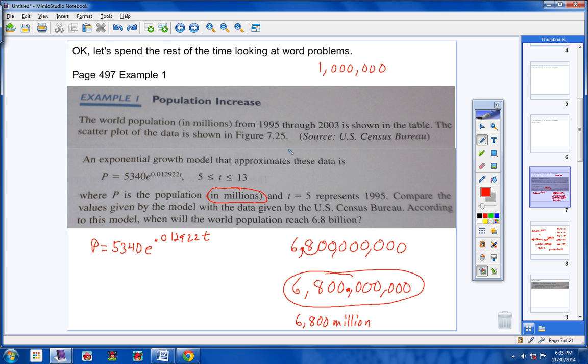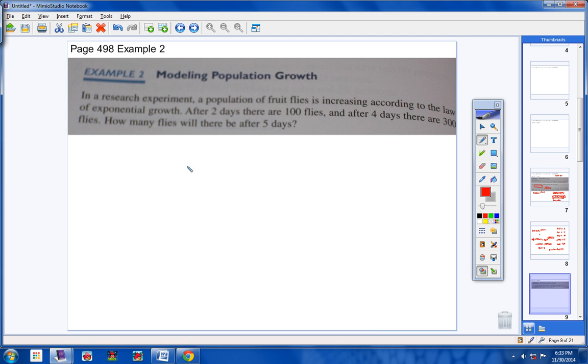Now, in the last problem we did, they gave us a model, so it wasn't too hard to predict something. Here, they don't give us the model, so, yep, you guessed it, we gotta find the model, okay? So, here we go. We're going to use our exponential growth model, which is this right here. So my one equation would look like this.